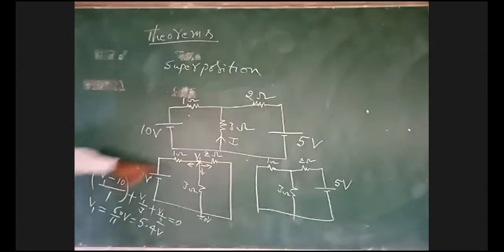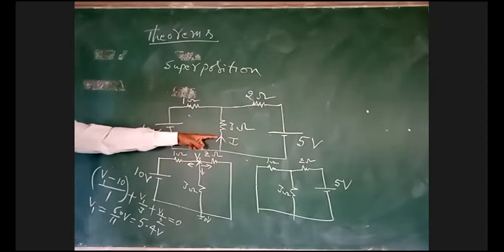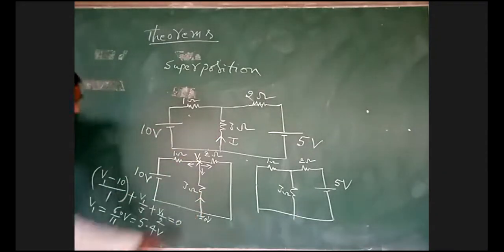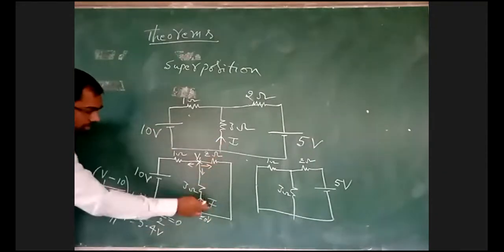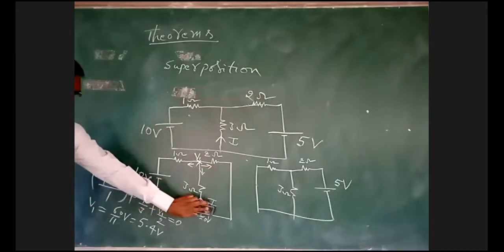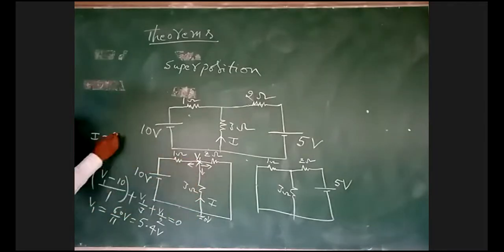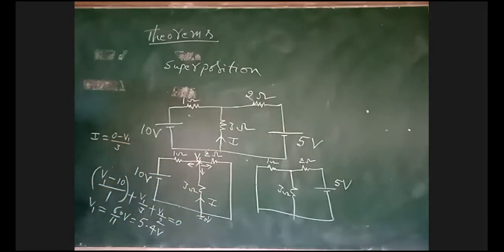But I don't want the node voltage. What I want is the current in 3 ohms. See the direction of current? It is in the upward direction. In the problem, he is giving it in the upward direction. So I is equal to 0 minus V1 by 3. You get minus 5.4 by 3.